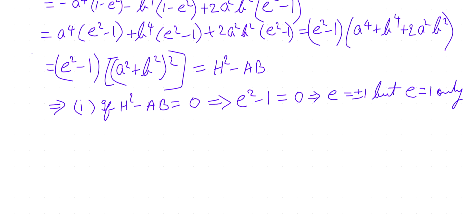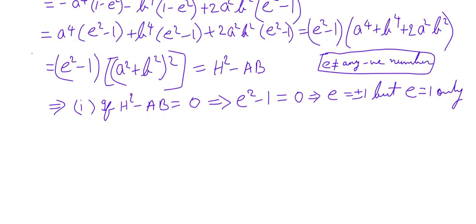So e can't be negative. E is not equals to any negative number. Why? As E is the ratio of two distances.